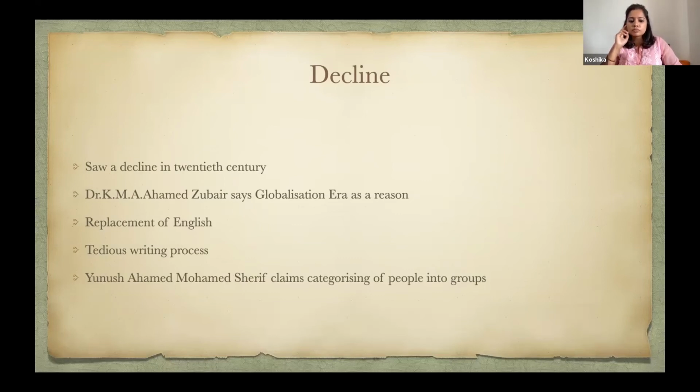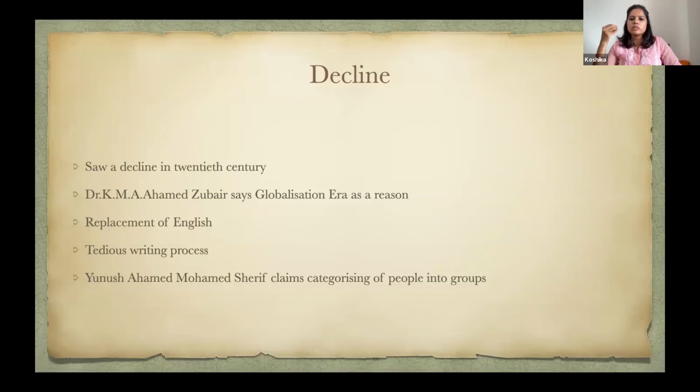One more scholar, Yunus Ahmad Muhammad Sharif, says that after Britishers came in during the colonization, they started to categorize people. This started a notion that only the Urdu speaking Muslims were considered the actual Muslims, and the converts who were Tamil Muslims were not considered actual Muslims.